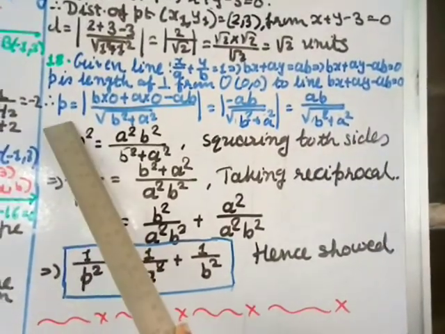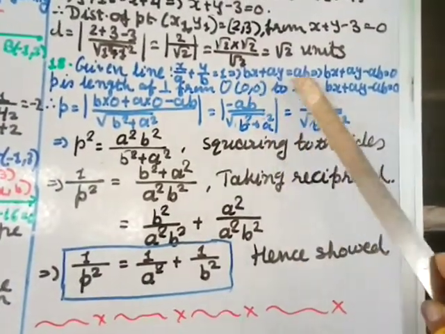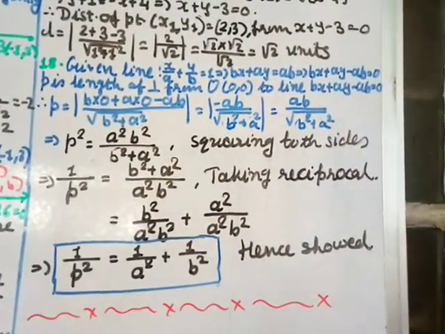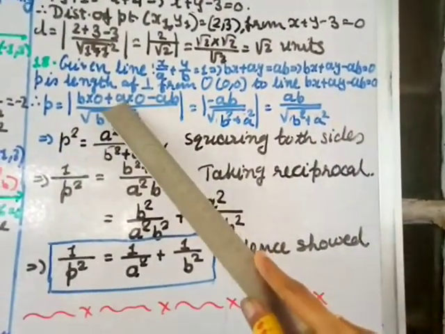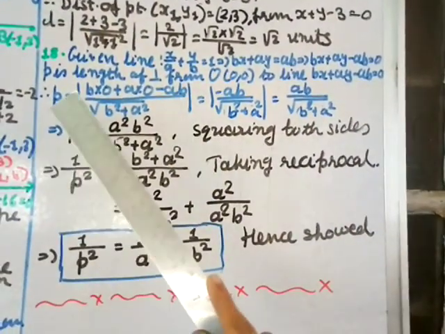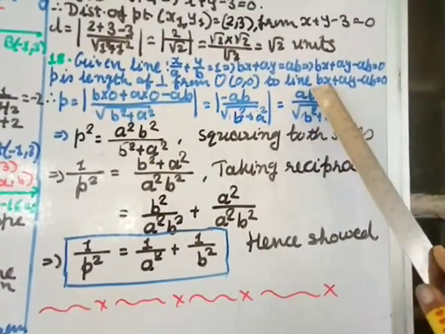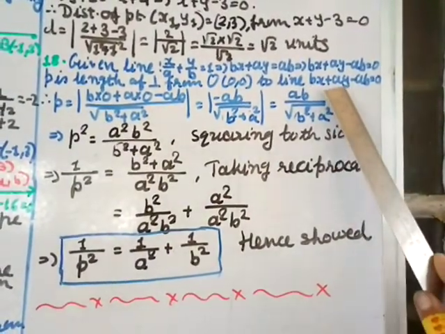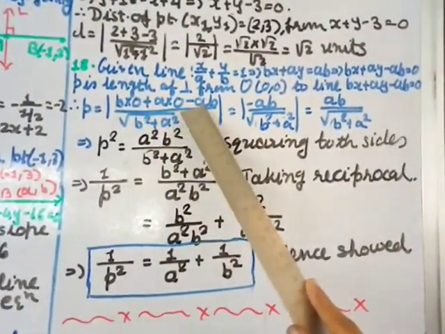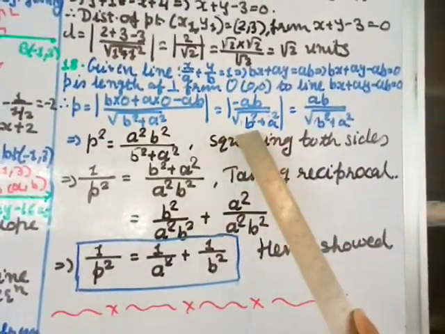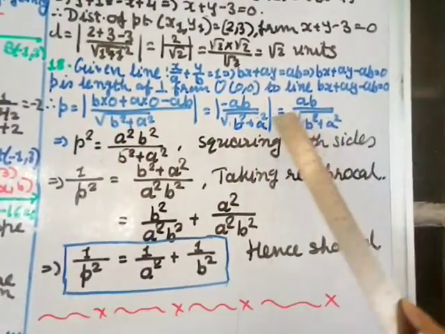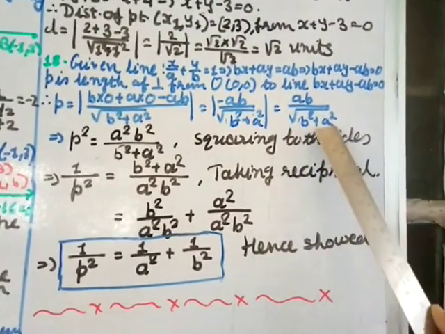So p equals a x1, so a is b, b x1 is 0, so 0, plus b y1, so b is a and y1 is 0, so 0, minus ab as it is, divided by the square root of the coefficient of x, that is b squared, plus the coefficient of y, that is a squared. Okay, these two vanish because it is (0, 0), and we have minus ab divided by the square root of b squared plus a squared. Take it out of the modulus, and the p value will be ab divided by the square root of b squared plus a squared.